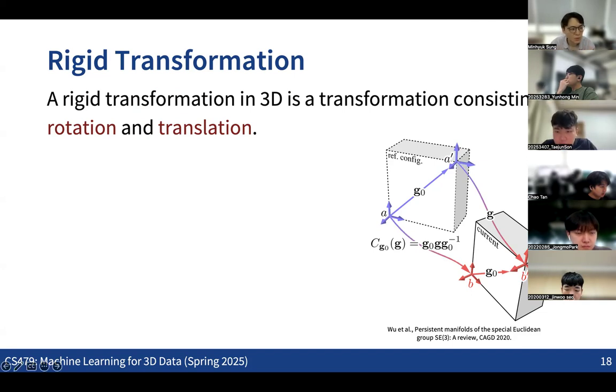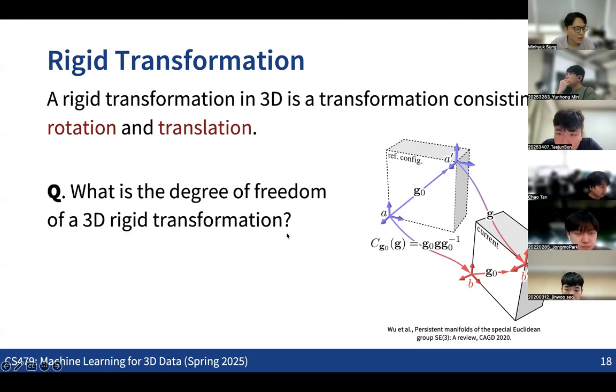And also the question is, what's the degree of freedom for 3D rigid transformations? How many parameters do we need to express a 3D rigid transformation?